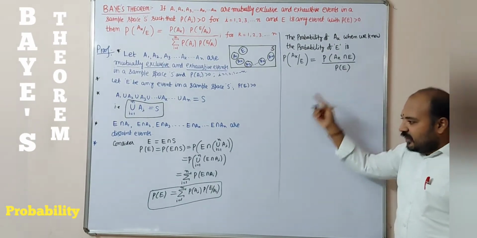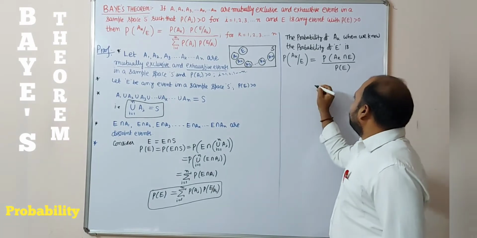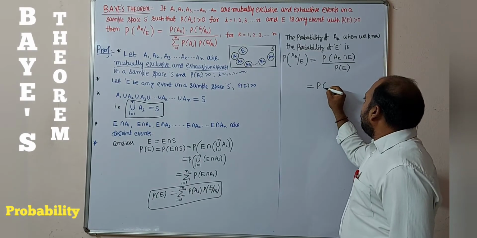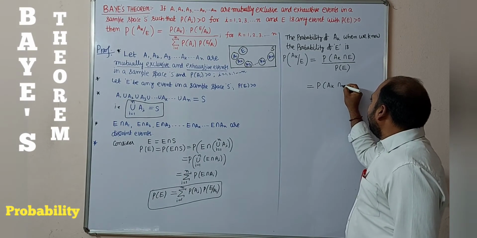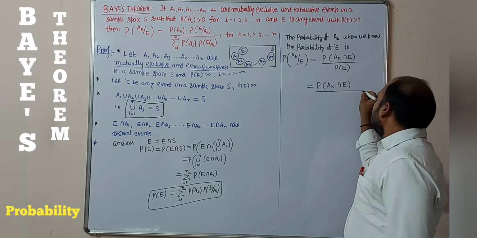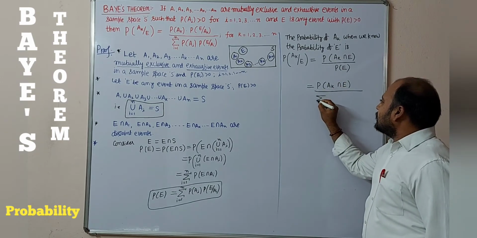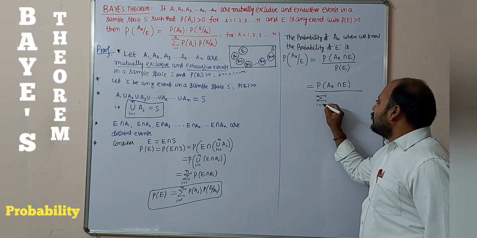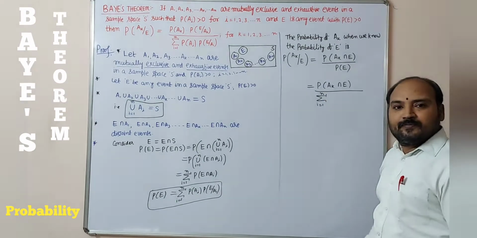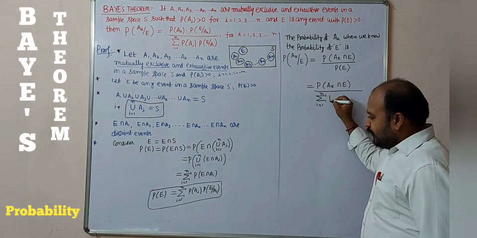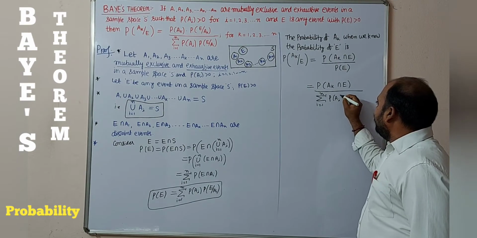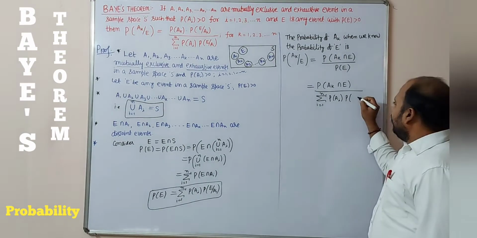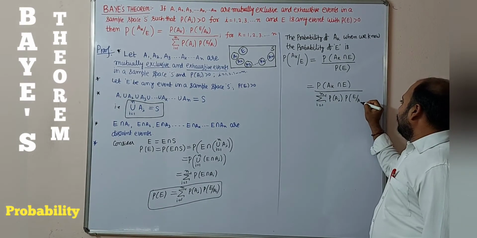What is P of E we have here? P of E can be written as summation I is equal to 1 to n, P of AI into P of E given AI.